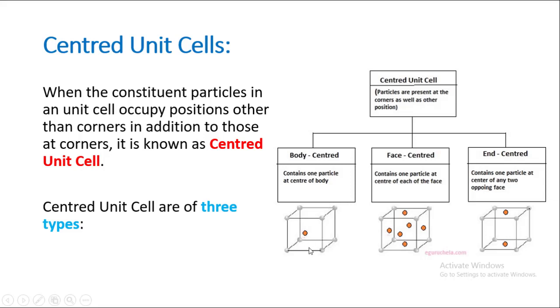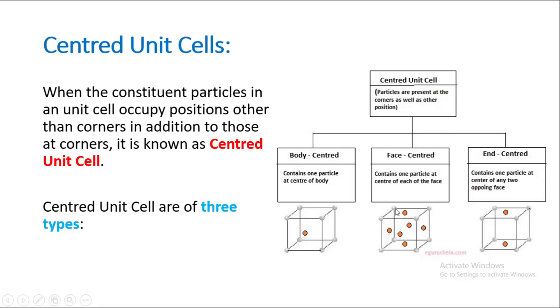In the body centered unit cell, there are 8 constituent particles at the 8 corners. Along with that, there is a constituent particle at the center of the cube, or we can say at the body.